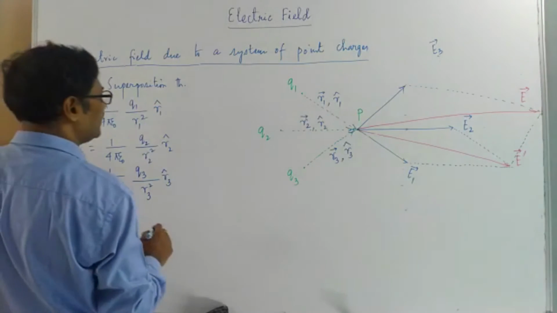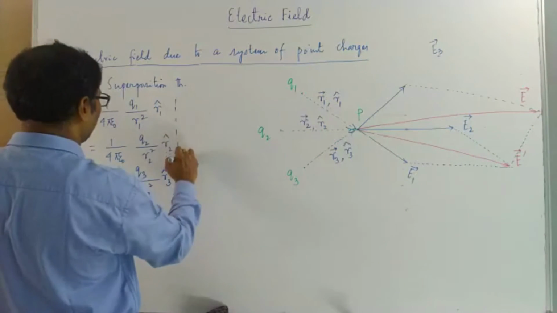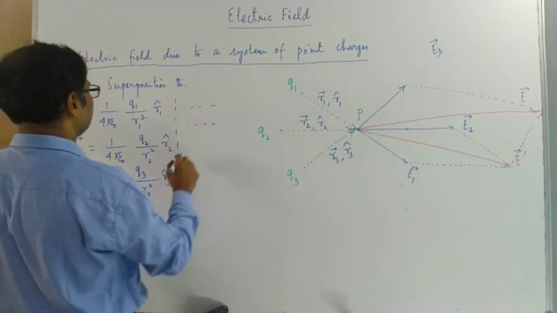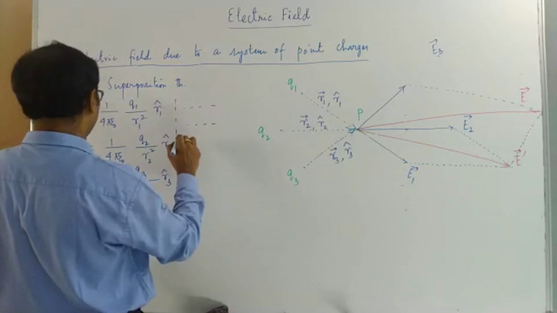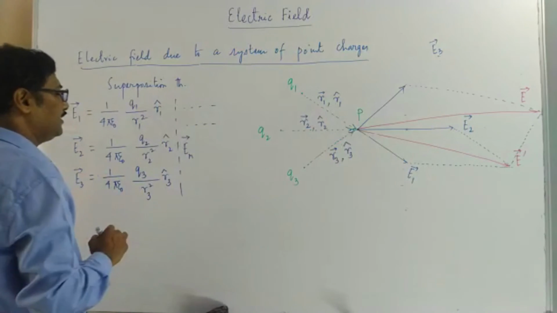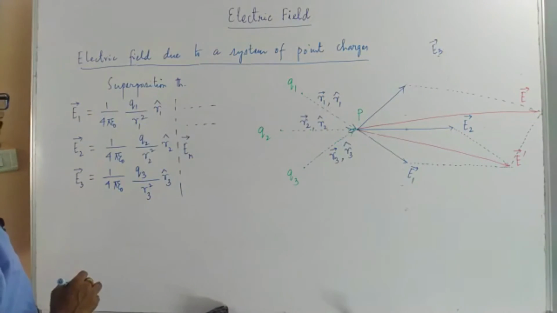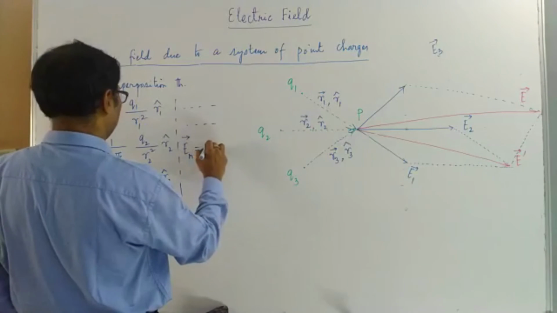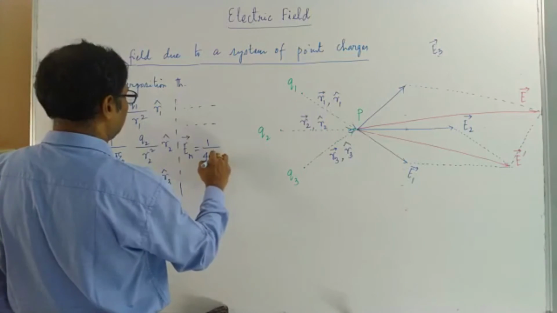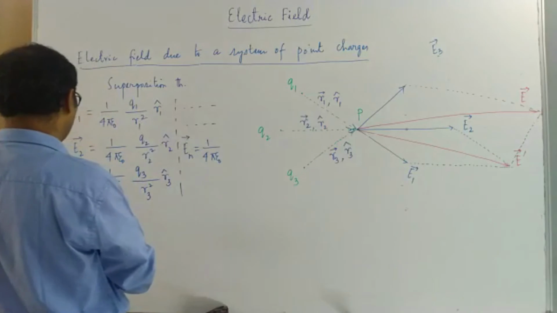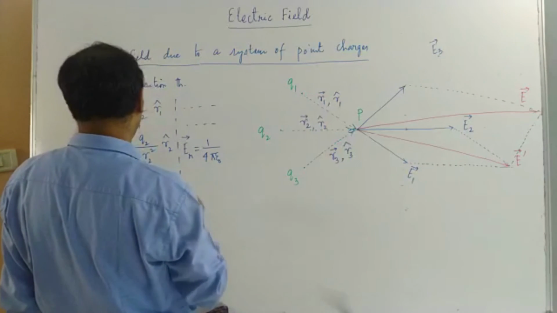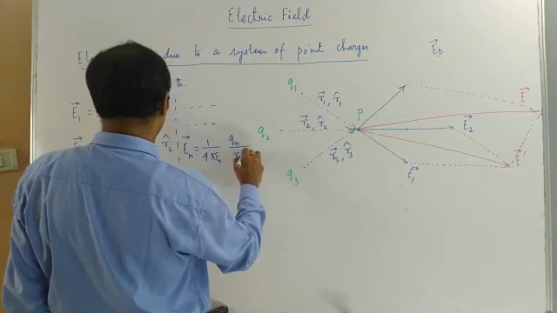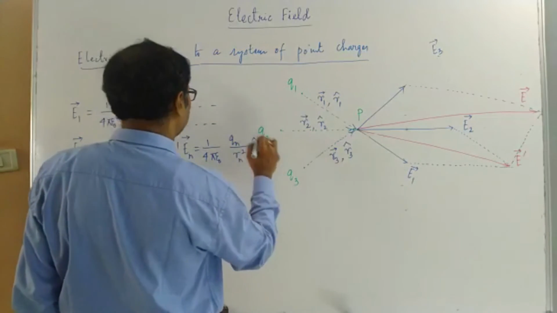If you have a system of n charges, I may calculate all other electric fields like this, and finally the electric field produced by the nth charge Qn at point P is written as En arrow is equal to 1 by 4 pi epsilon 0 Qn by Rn square into Rn cap.